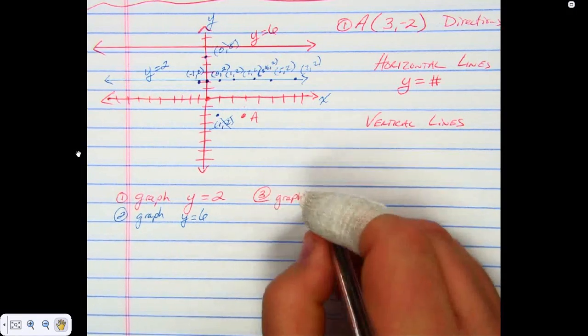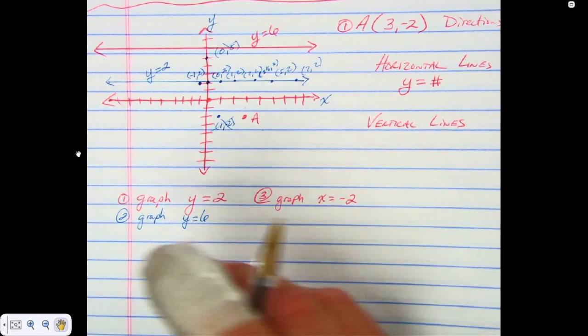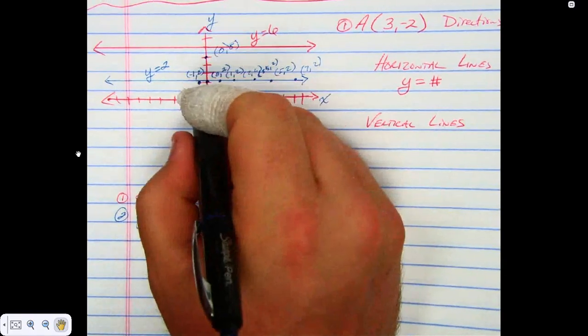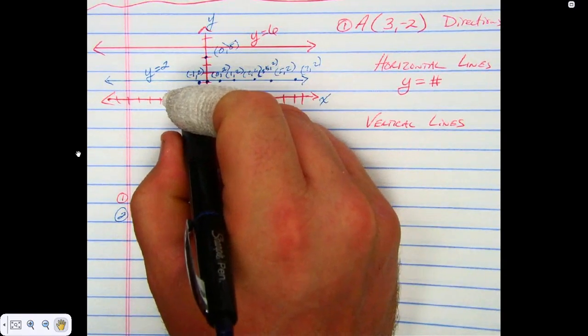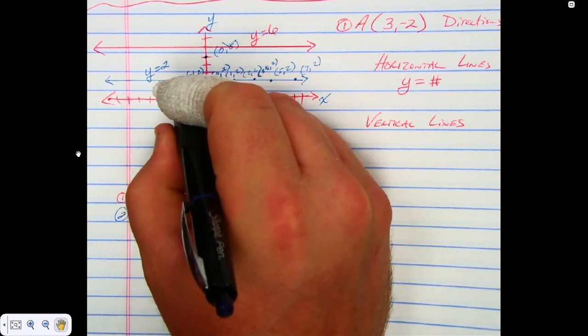Well, let's graph x equal to a negative 2. Where's x negative 2 at? Tell me the first place you think of. -2. To the left, 1, 2. Right there, what are your coordinates? Negative 2, comma 0.